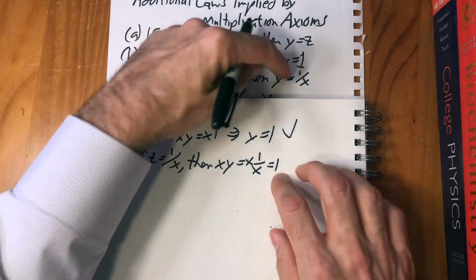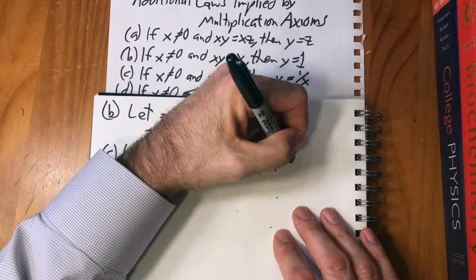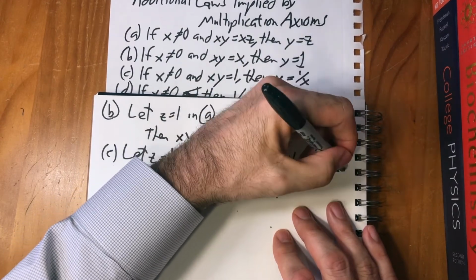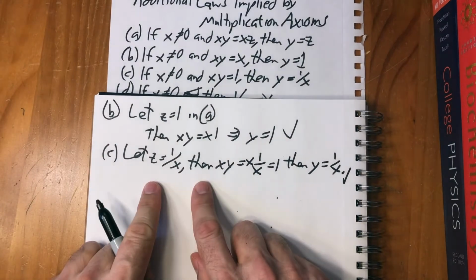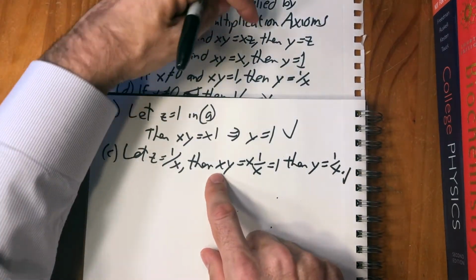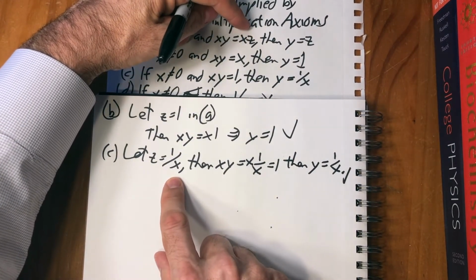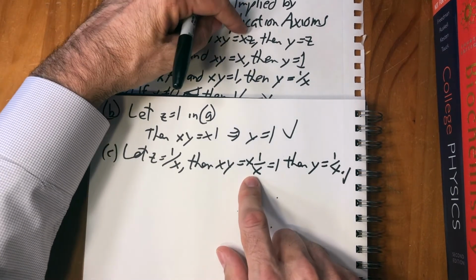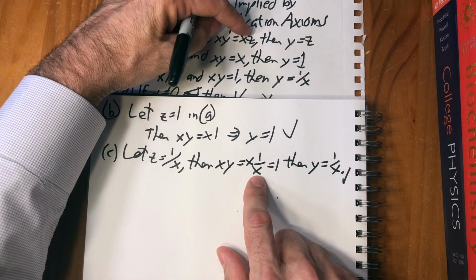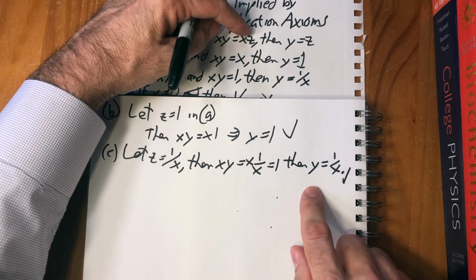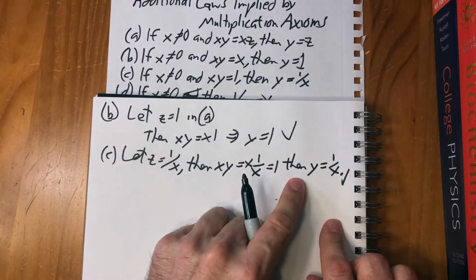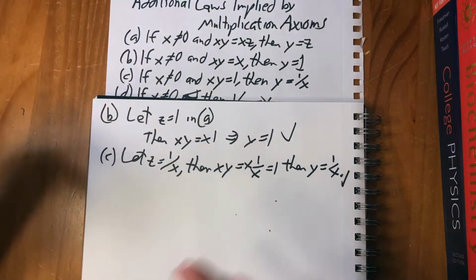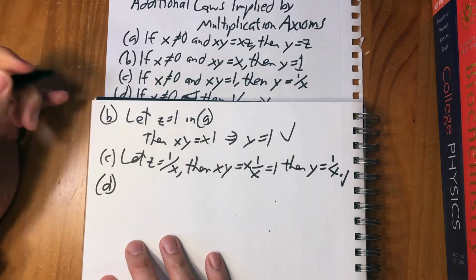Oh, I'm sorry, we're doing this one. So we went back to A, we let z equal 1 over x. So then if xy equals x times 1 over x, then y equals 1 over x. And that was what we were trying to prove here, that if xy equals 1, then y equals 1 over x. So that's that.